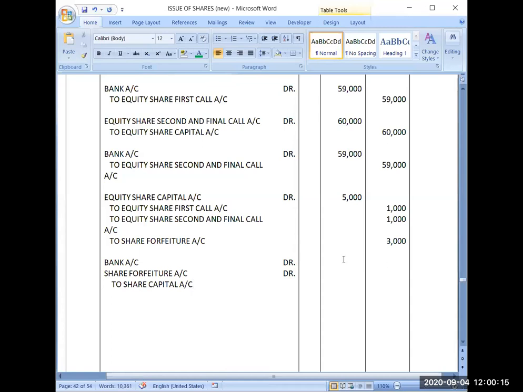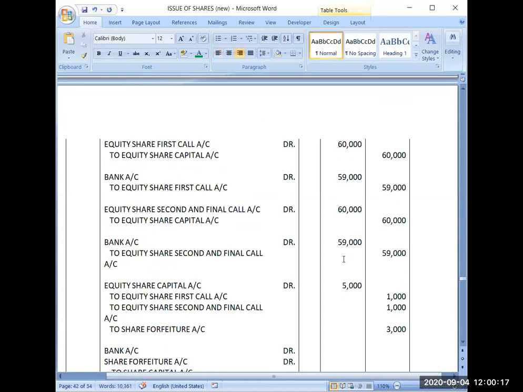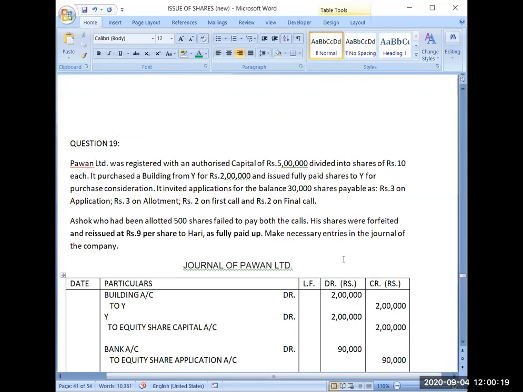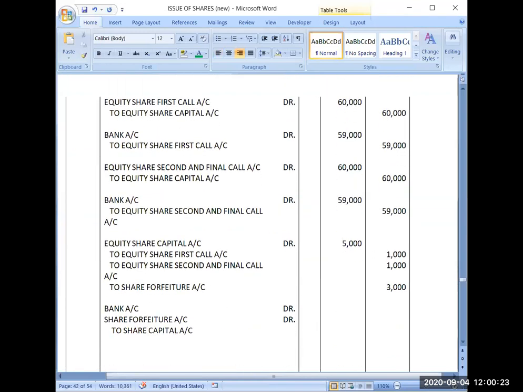So now I am issuing all the shares at the rate of rupees 9. So I will be getting 4,500, 500 multiplied by rupees 9. 500 multiplied by rupees 1, 1 rupee loss is there as discount. And the capital will become 500 multiplied by 10, 5,000.